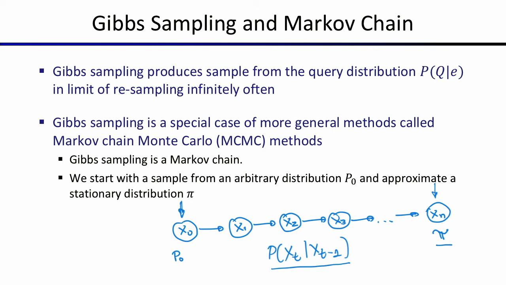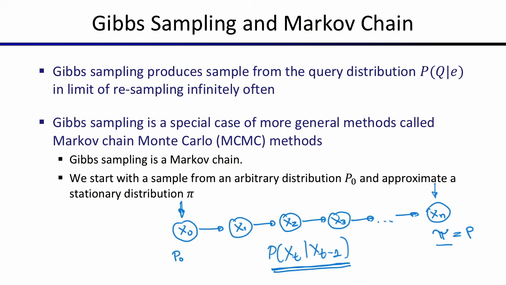These transition probabilities are specially designed in a way that the stationary distribution pi will be equal to the probability distribution specified by the Bayesian network or the Markov network. So the central ingredient of this algorithm is in fact the transition probabilities here.